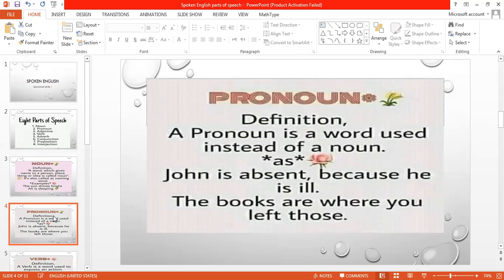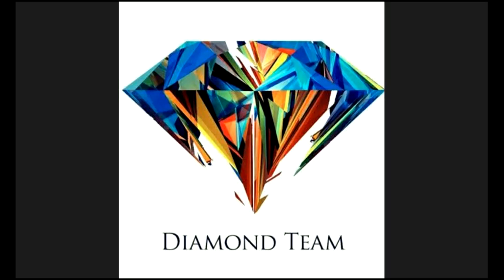So in place of John, we have to write his pronoun. Pronouns are used in place of nouns. So if John is a noun, his pronoun will be he.